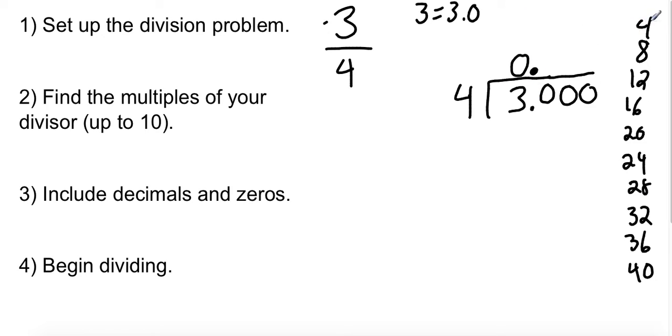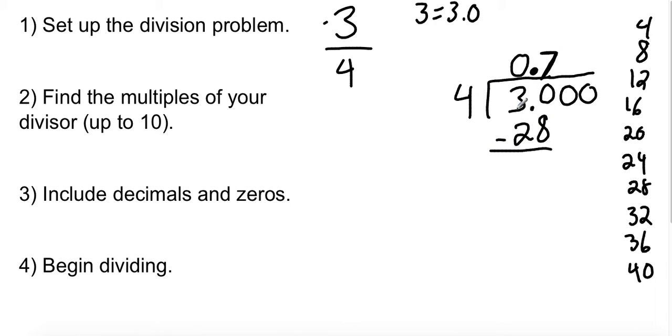So 4 times 1 is 4, times 2 is 8, times 3 is 12, times 4 is 16, times 5 is 20, times 6 is 24, times 7 is 28, which is pretty close. And if I go up one more to 4 times 8, I get 32. So that's a little bit too big, so I'm going to go back down to 7. So I know that 4 times 7 is going to give me 28. So I'm going to write my multiple right here. So 4 times 7 gives me 28.